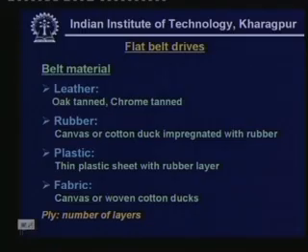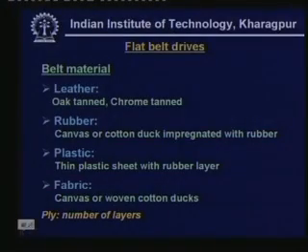Now, normally for the belt drives, leather, rubber, plastic and fabric are the materials which are most commonly used for the manufacturing of the belts. Now, in the leather belt material, you can see the oak tanned and the chrome tanned types of leathers are available.